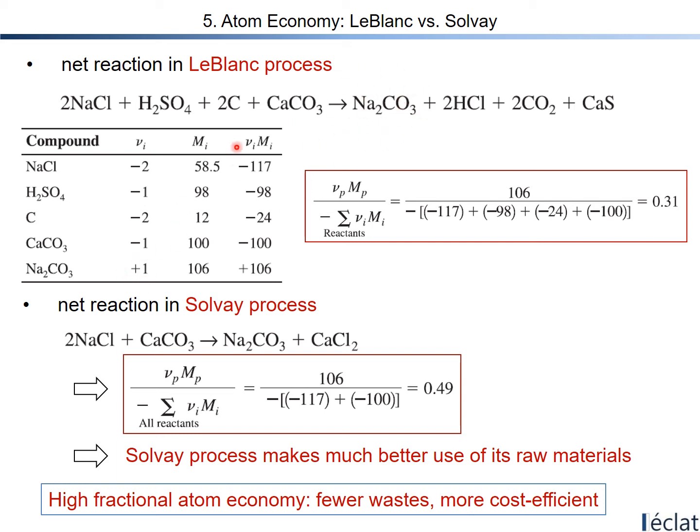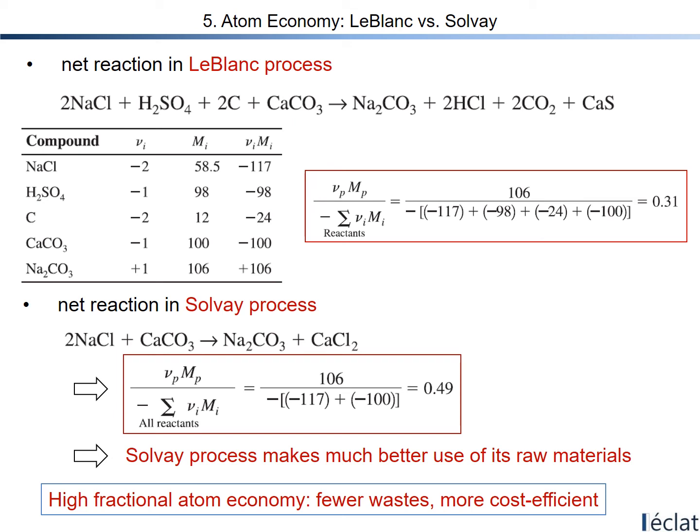And then we need information about the molecular weight: for sodium chloride 58.5, sulfuric acid 98, and sodium carbonate 106. The product of stoichiometric coefficient and molecular weight gives the mass. So let me check the units here.